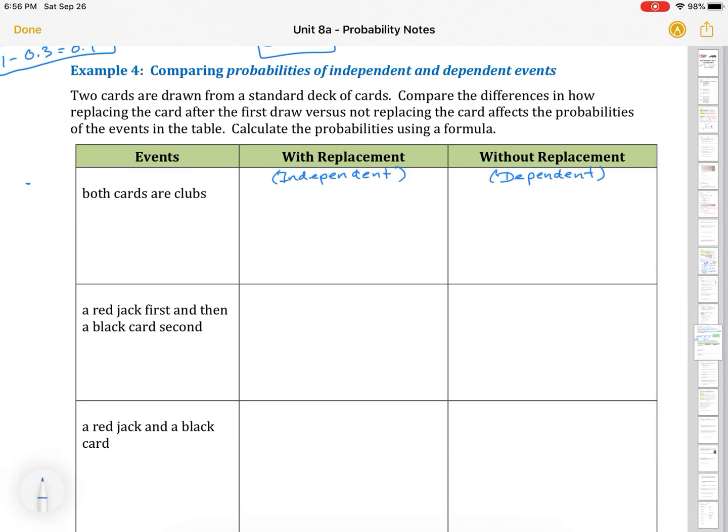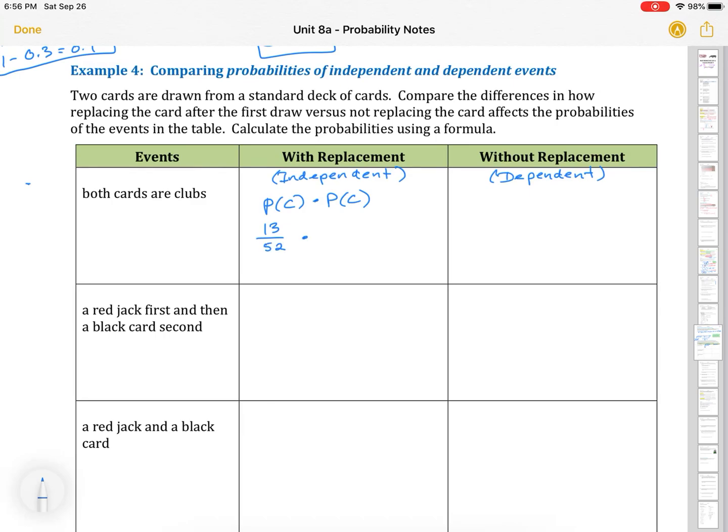If we don't replace, it will be dependent. So let's see how that impacts what our probability is. Two cards are drawn from a standard deck. Compare the differences in how replacing the card after the first draw versus not replacing the card affects the probabilities of the events in the table. Calculate the probabilities using a formula.